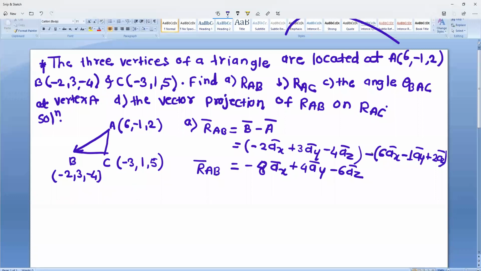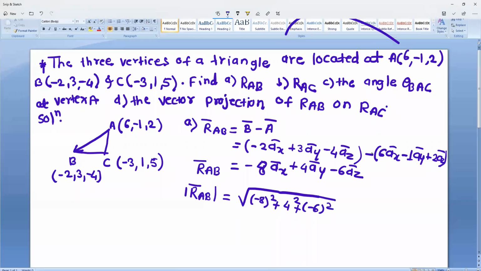Now what is the question? Question is RAB means it is the magnitude of vector r bar AB. Now to find magnitude we are taking mod. So mod of r bar AB is equal to square root of (-8) square plus 4 square plus (-6) square.